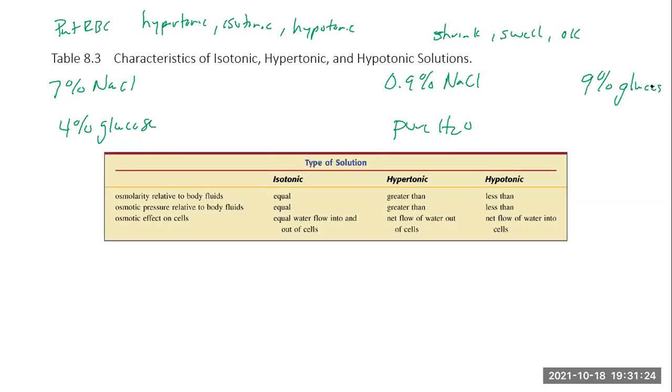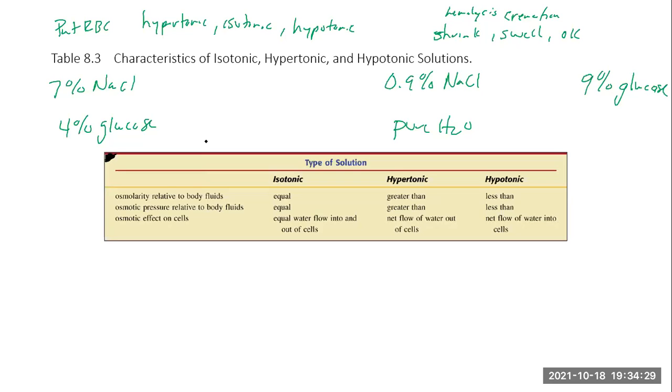All right, so for each of them, decide, are these solutions hypertonic, isotonic, or hypotonic? And what will happen? Will our guy shrink? Will he swell? Will he go through crenation or hemolysis? All right, take a couple of minutes to see what you come up with here.